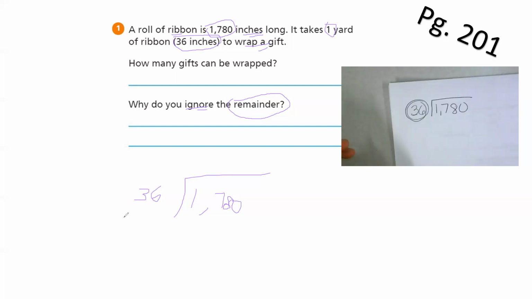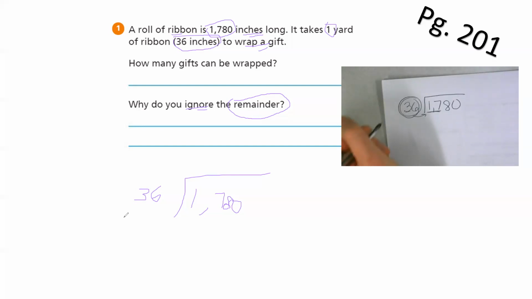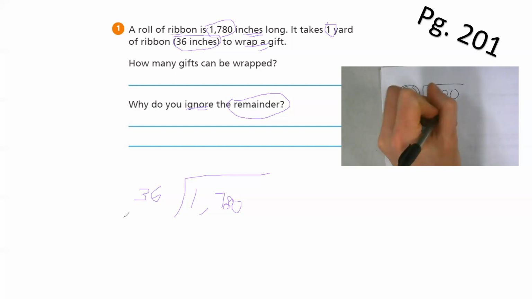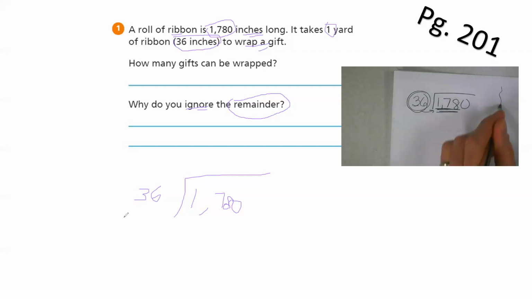So we're going to take 36 and go into 1. No, we can't pull 36 from 1. Can we pull it out of 17? No, we can't pull 36 out of 17. Can we pull 36 out of 178? Sure can. This is where we all are going to have a different strategy.